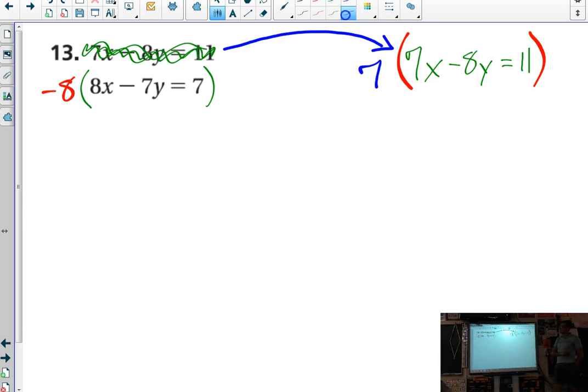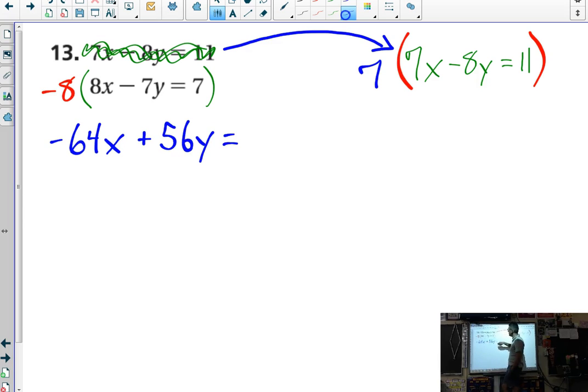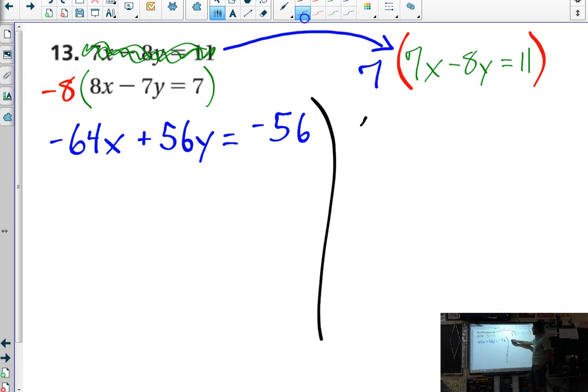They're going to get me to 56. So, negative 8 times 8x, negative 64x, positive 56y, and negative 56. 49x, negative 56y, 77.